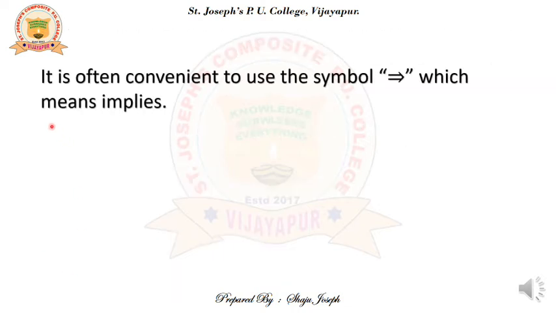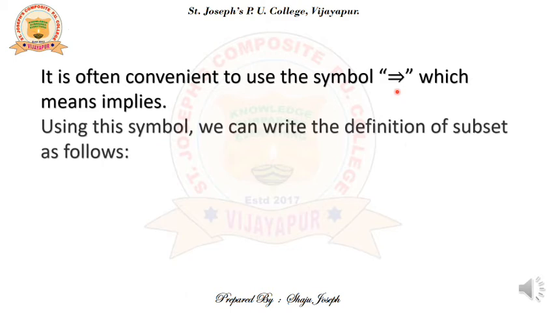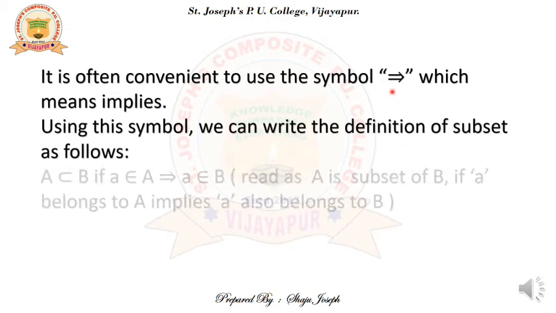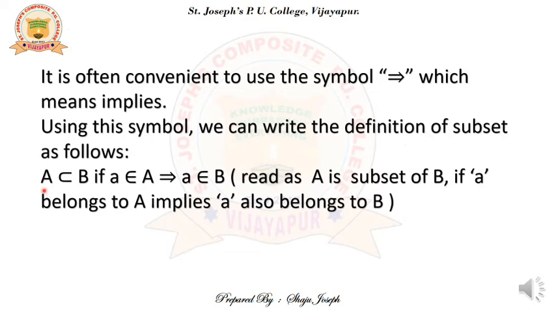So we can conveniently use this symbol called implies. See this arrow symbol? This is called the implies symbol. So using this implies symbol, we can define the same definition once more. This is how mathematically we use symbols and define the subsets. A is a subset of B if small a, what is small a?